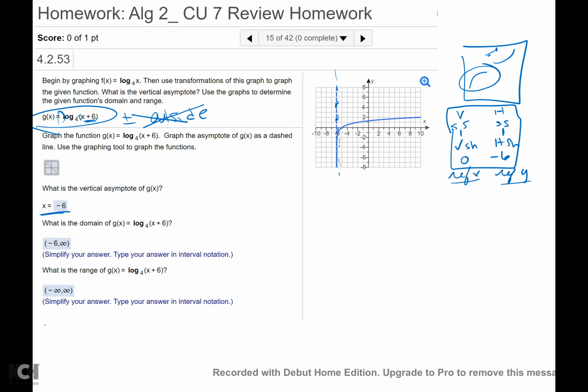Okay, for logarithms, the range will never be different than -infinity to infinity. The domain changes when you move it right or left, and I moved it left, so you can see that my domain starts at -6, doesn't include it, and goes all the way to infinity.